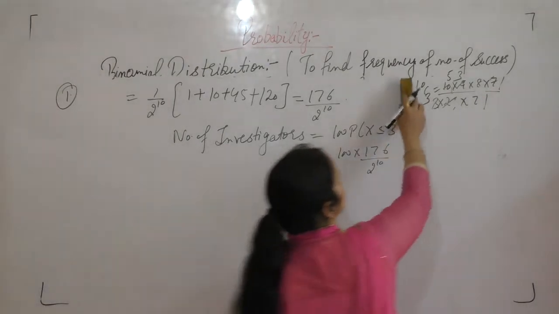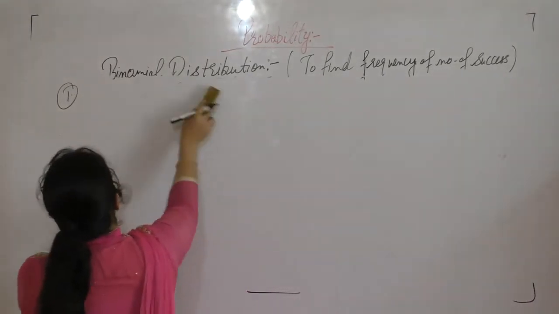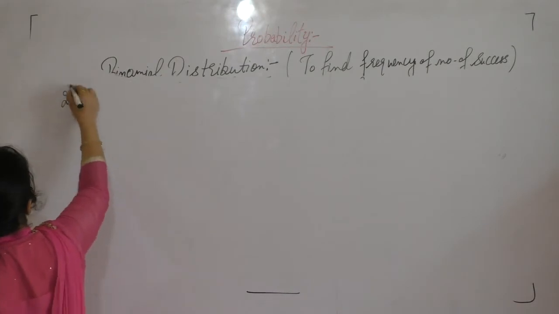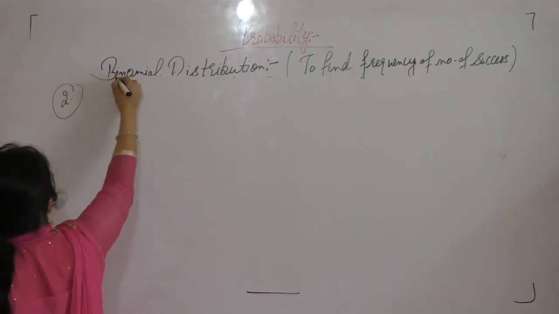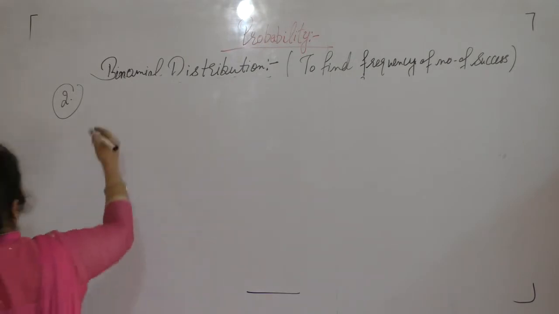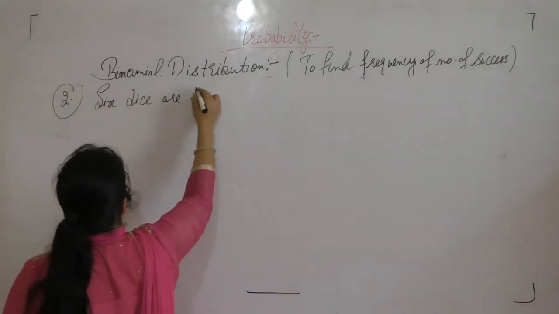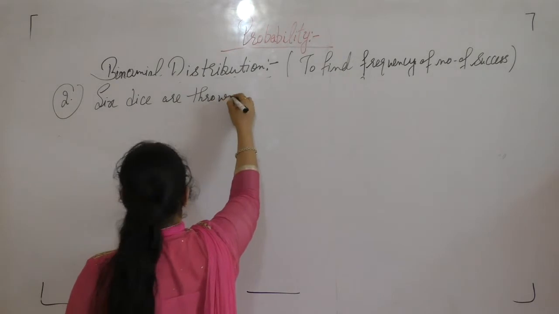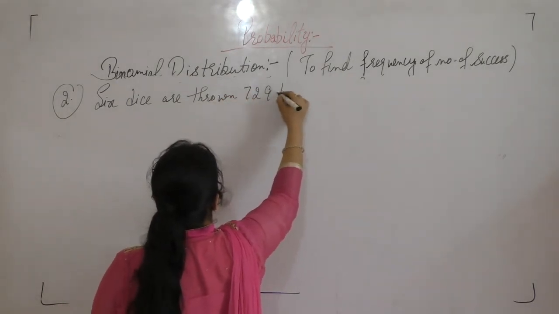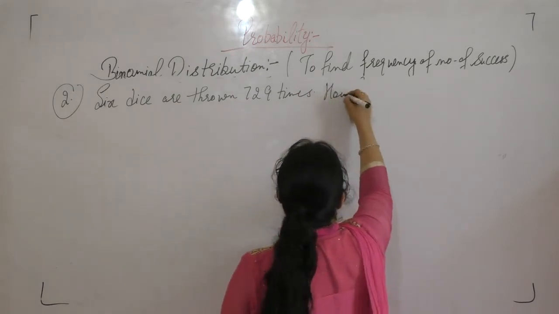Now the next one, question number 2. Six dice are thrown 729 times.